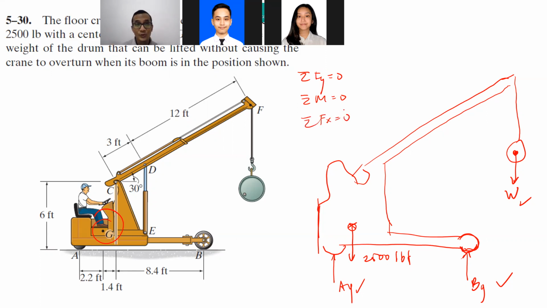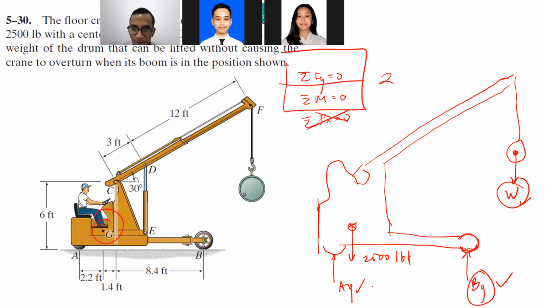No, because there is no horizontal force, right? So we cannot use this. So we only have two equations, with three unknowns. But try to take a look again. Is it really three unknowns or not?